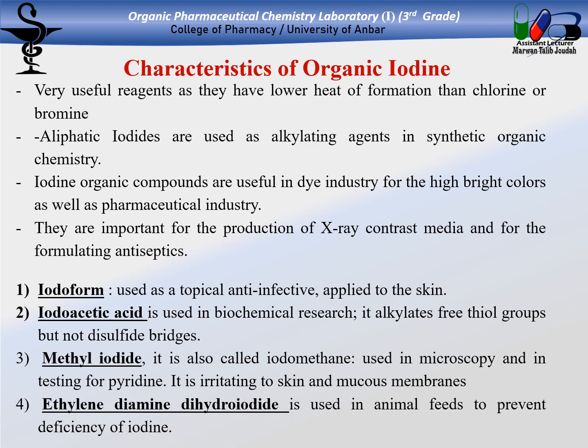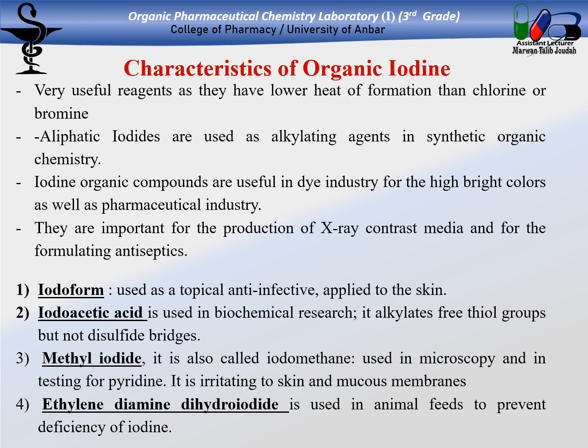Number 3, iodine organic compounds are useful in the dye industry, so they are used for dyestuff, all right, and for high bright colors, as well as the pharmaceutical industry. So it's really important in the pharmaceutical field, all right. They are really important for the production of X-ray contrast media, okay, and for formulating antiseptics.